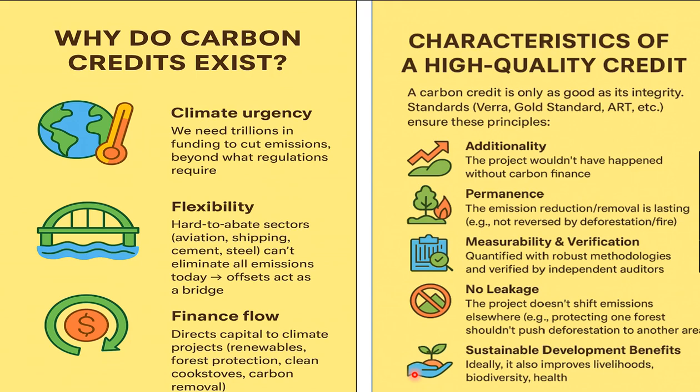SBTI is one of the voluntary reasons companies have signed targets. They say yes, we are going to be net zero by 2050, 2045. So for residual emissions, they have to buy carbon credits. Also, if they're subjected to regulations, which is the second force, they have to buy carbon credits.